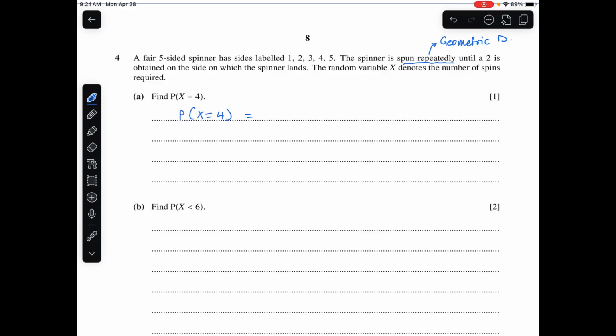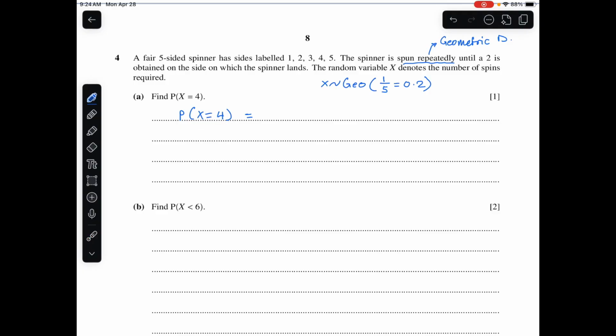If I have to define the geometric distribution, the probability of obtaining any one of them is 1 out of 5, right? 1 out of 5 is nothing but 0.2. In geometric, you first have the failures, so you have failures for the first 3 attempts, and then on the 4th attempt you have a success.